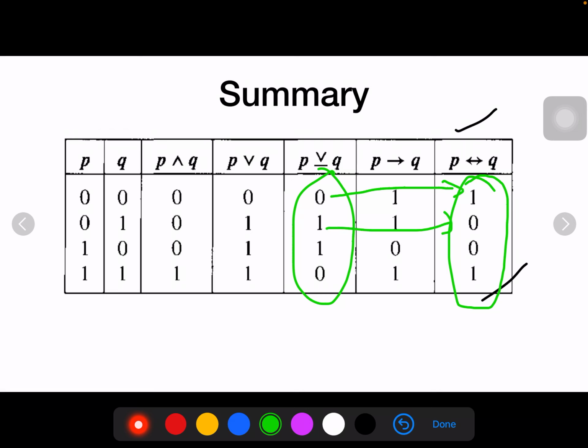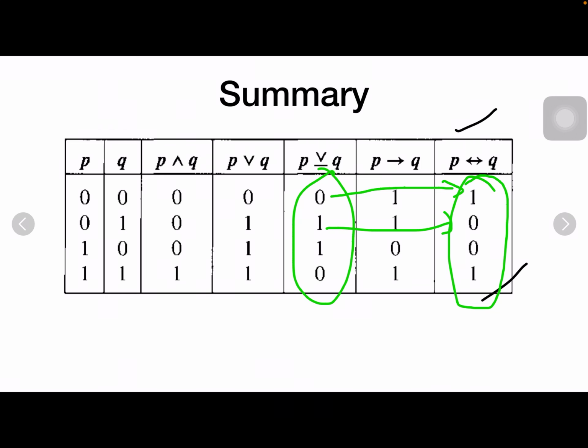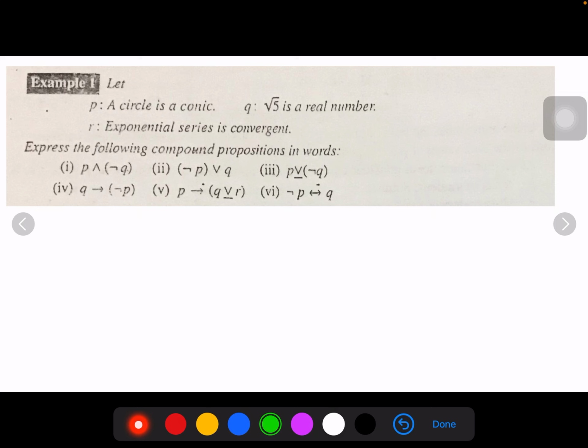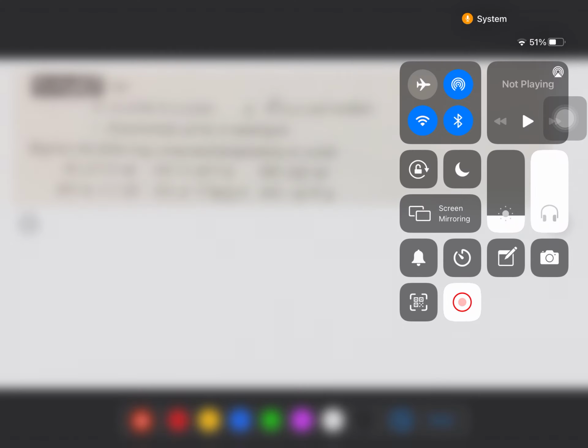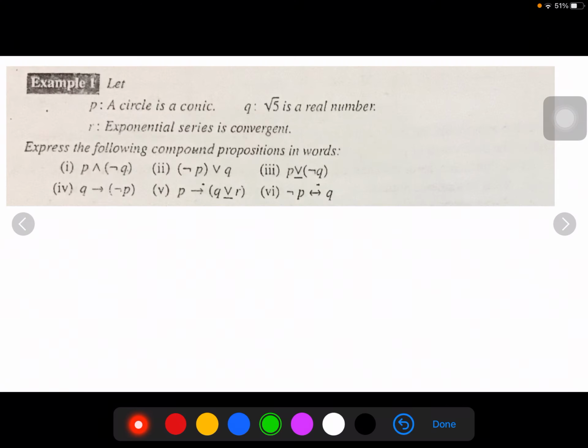If it is 0, it's changing to 1. So that completes propositions and basic connectives.